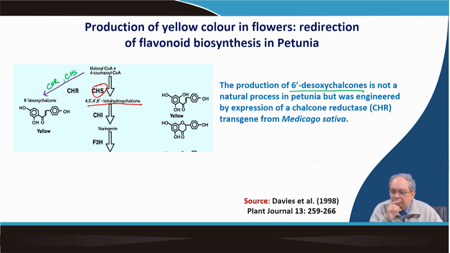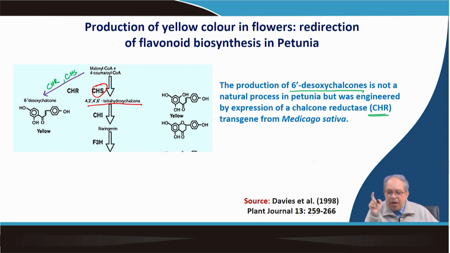But it is possible, how? If you take Medicago sativa, which is basically a legume. I mentioned, try to find the relationship. What I said, the legume produces isoflavonoids and isoflavones, and there the CHS works with CHR.